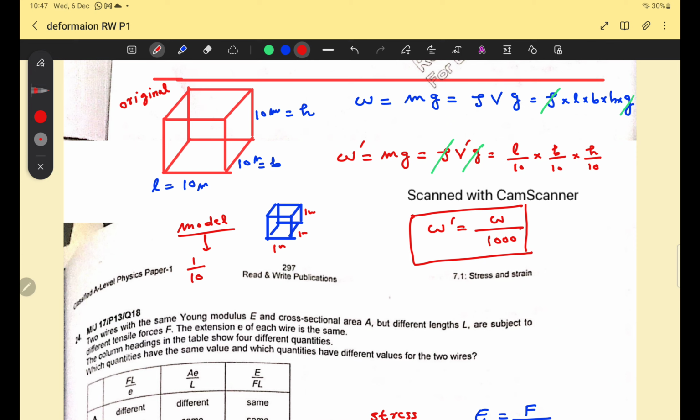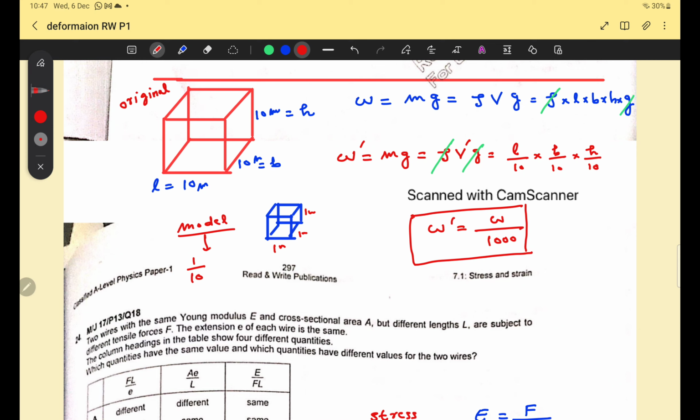Okay. So what is my question? The question is, sir, we are given an original block, and when we are making another block of the same material, but all the dimensions are reduced to 1/10. If all dimensions are reduced to 1 upon 10, then its weight and volume will be reduced by 1 upon 1000.